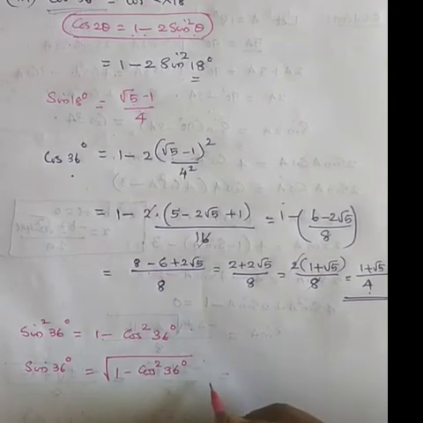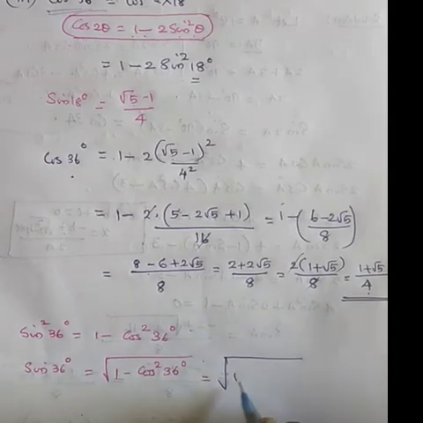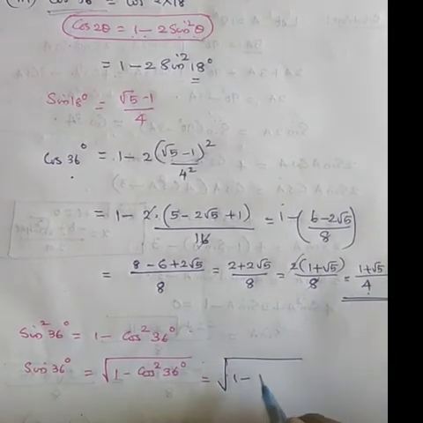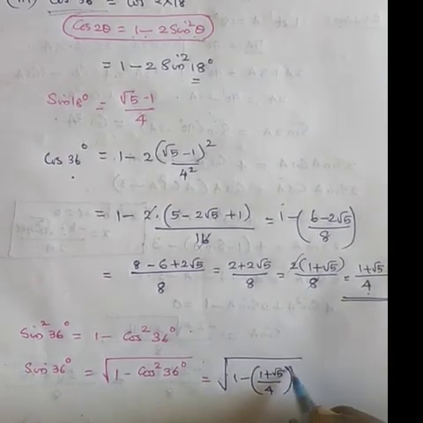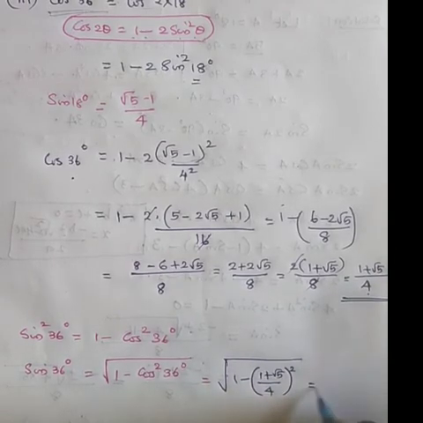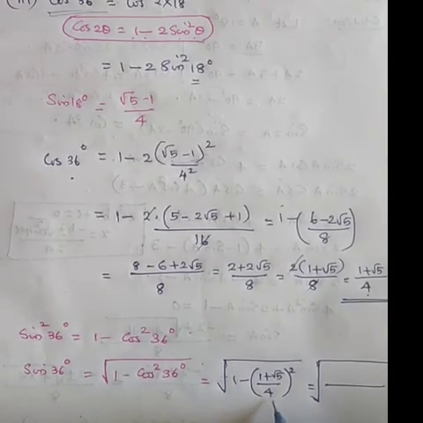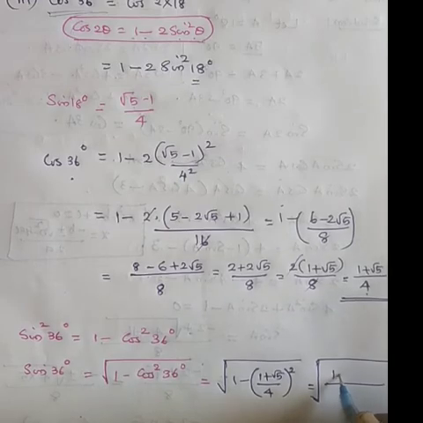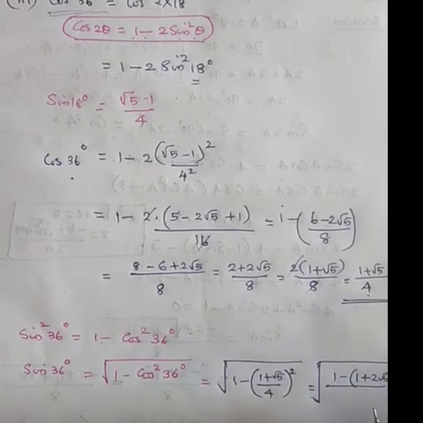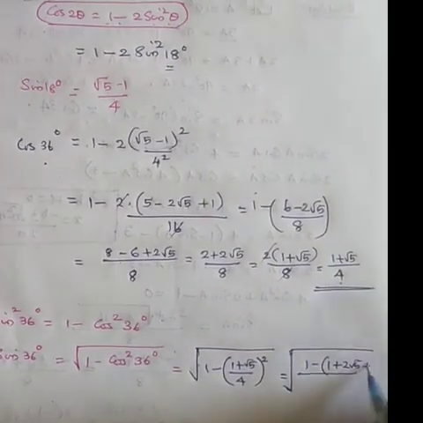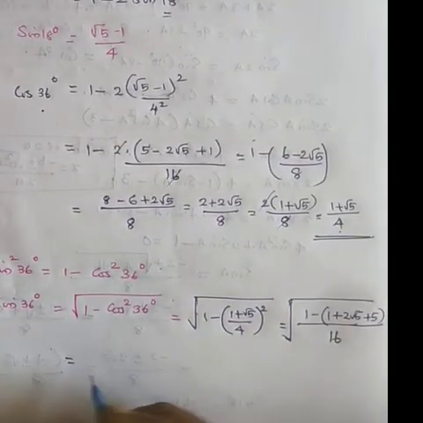Okay, this is equal to square root of 1 minus, the value of cos 36 is 1 plus root 5 by 4, the whole square, is equal to square root of 1 minus a plus b the whole square, a square plus 2ab plus b square, equal to 5 divided by 16.